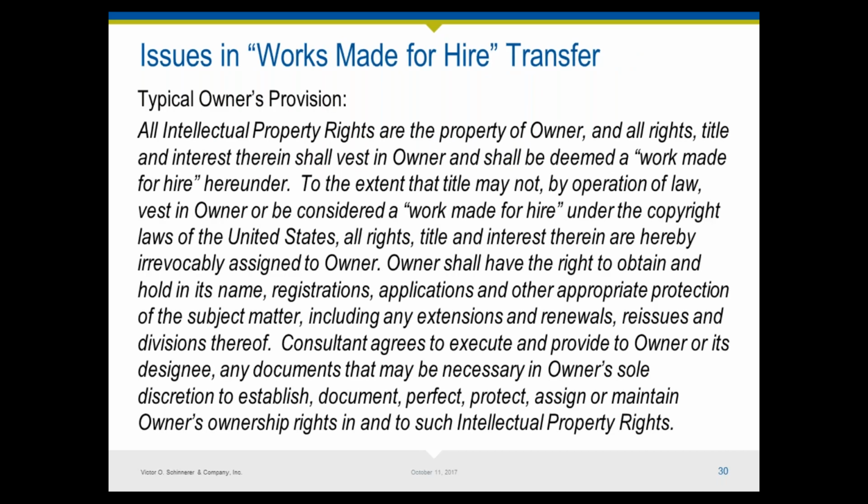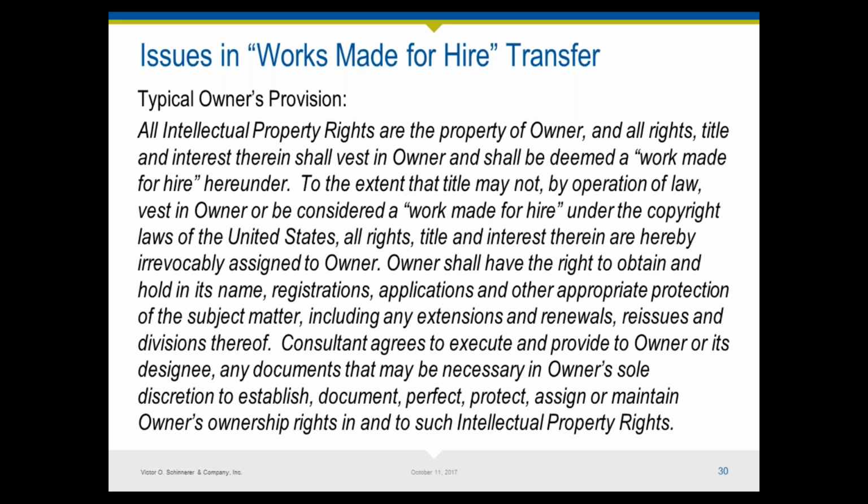This is the kind of thing that you see when an owner's attorney gets involved and wants the owner to have the rights to it. They may come up with this kind of a provision. They really attempt to effectuate the transfer of the ownership of the documents and the copyright to those documents.